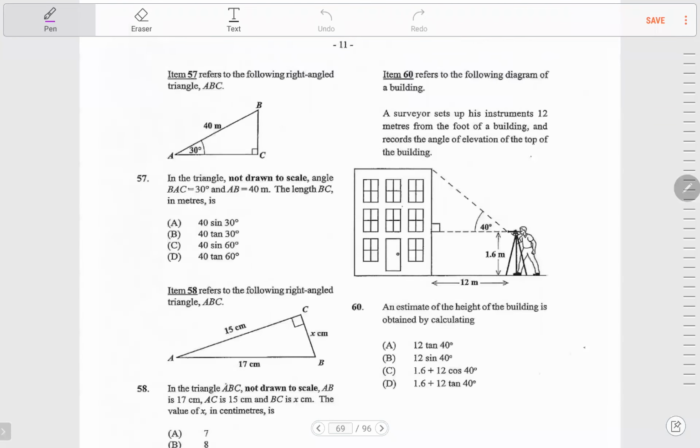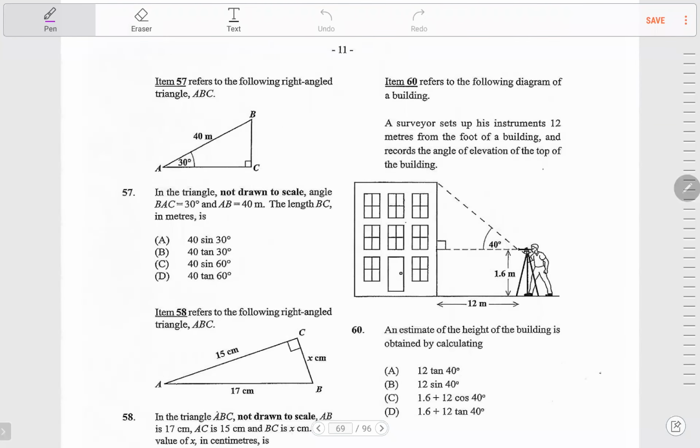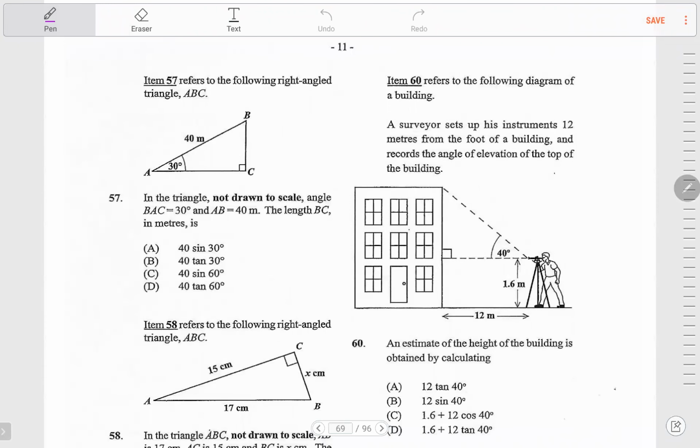Next question. This one says in the triangle, not drawn to scale, angle BAC is 30 and that hypotenuse is 40. Length of BC, that's this length. So this angle is the opposite, and this is the hypotenuse. Opposite and hypotenuse are connected with the sine of an angle trig ratio.